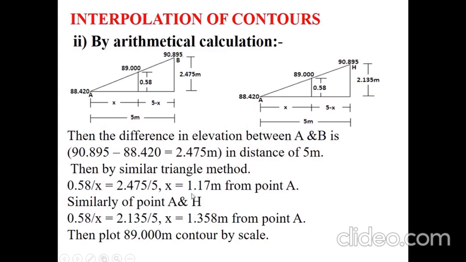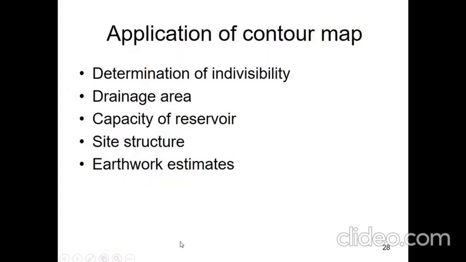According to that you will get the x distance, which is 1.17 meter from point A. Similarly for points A and H, 0.58 divided by x is equal to 2.135 divided by 5. So you will get the distance x equal to 1.358 meter from point A. Then we can plot the 89 meter contour by the scale. So this is all about the arithmetic calculation.